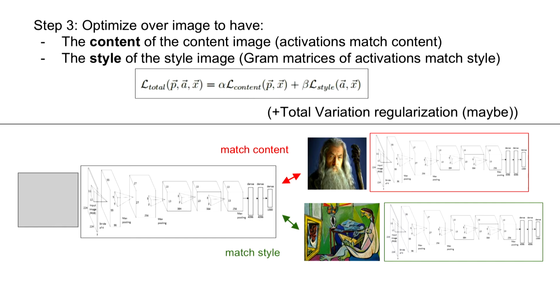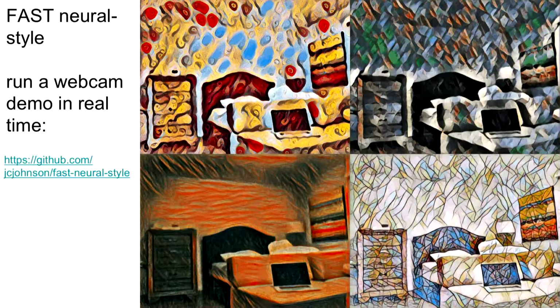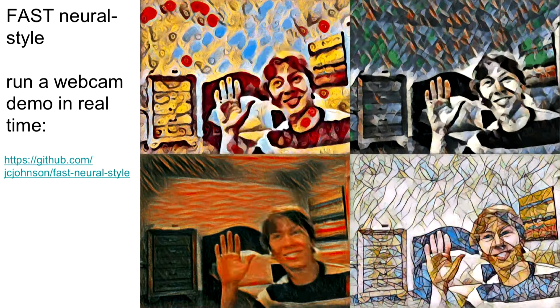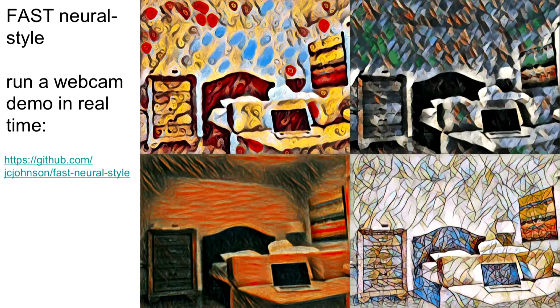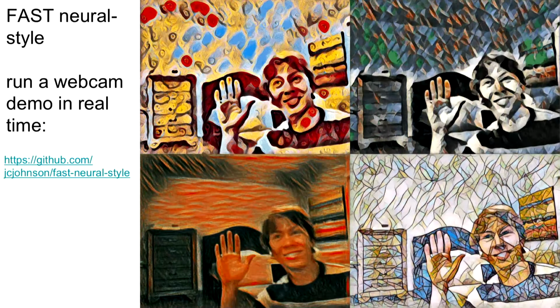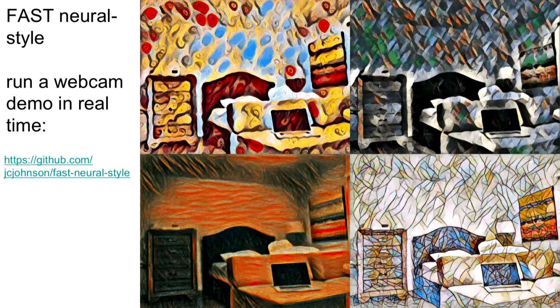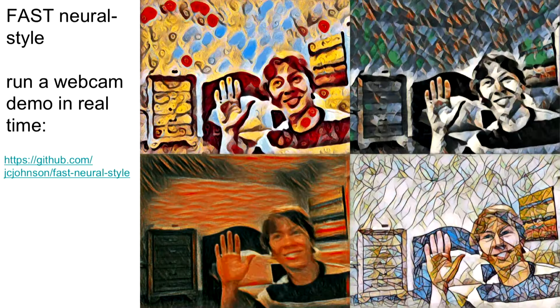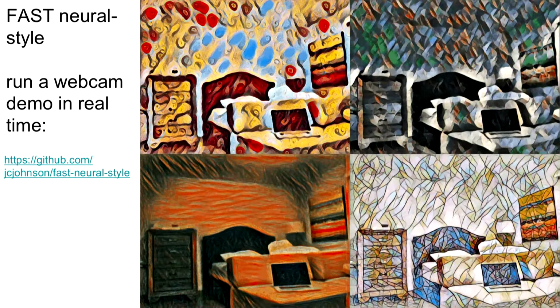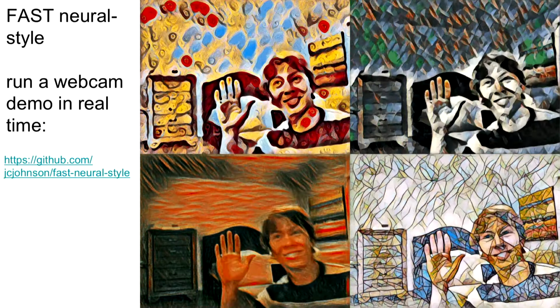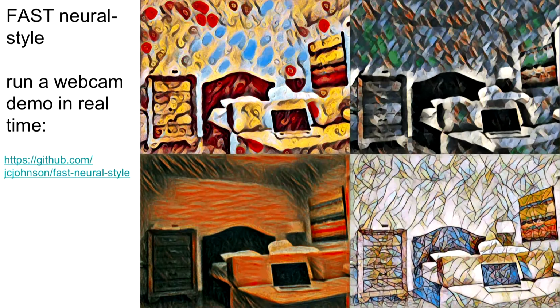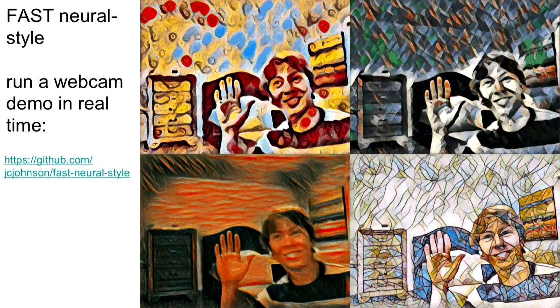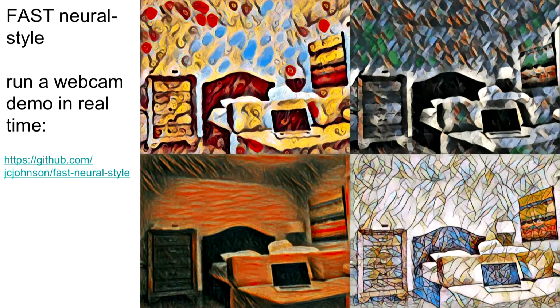And so that's enough typically. Oh yeah, and you can do it live actually. So I'll explain this in a moment, but you can actually train networks to learn a particular style and then run them in a feed-forward direction. So you don't have to do this optimization on every image.